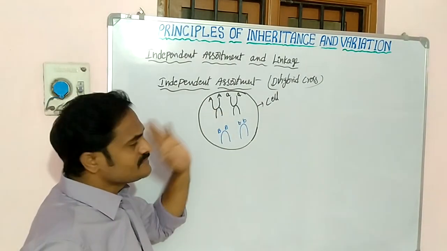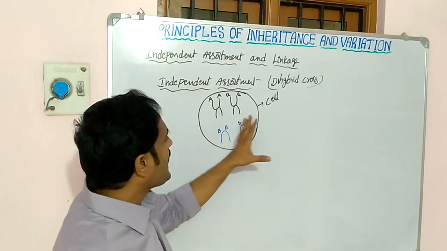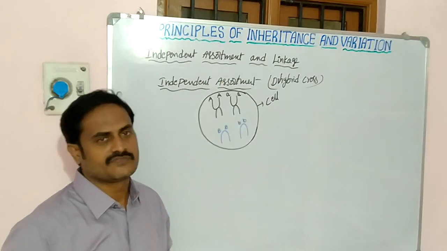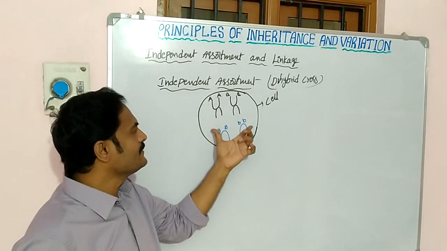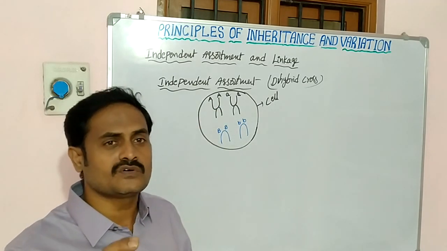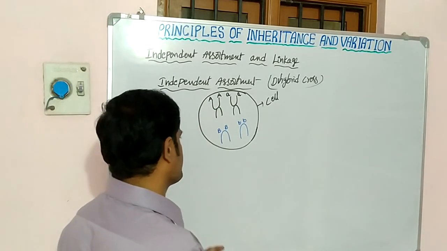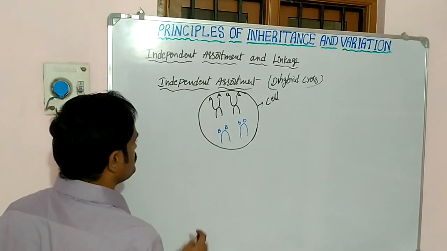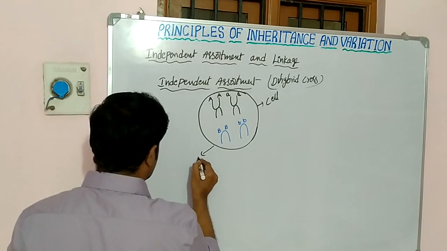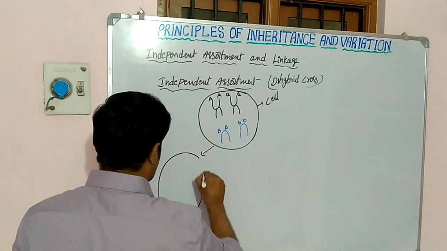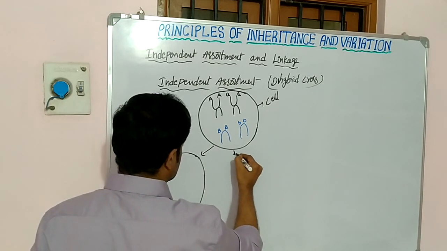From this cell, what kind of gametes will form? From this parent cell it is able to produce four types of gametes, remember. So how will the four types of gametes be produced? Here, I will first draw the four cells.